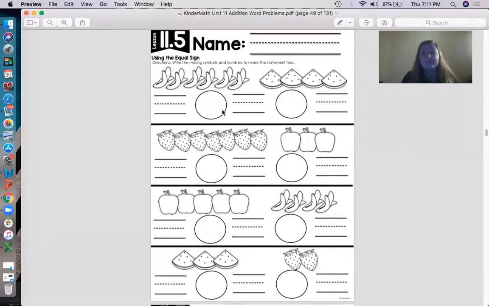So, just like we did in our practice, we have a blank, a circle, a blank, a circle, and a blank. Now let's read the directions, okay? It says, write the missing symbols and numbers to make the statement true. So we are going to make our own math statements. You ready?